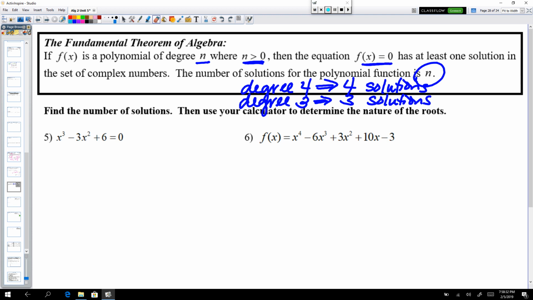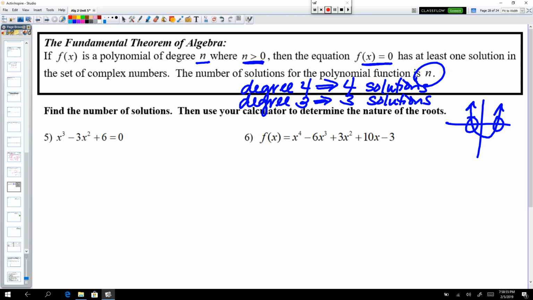So the examples we have here, we're asked to find the number of solutions and then use our calculator to find the nature of those solutions. So let's recall what we meant about nature, right? Let's pretend like we were talking about just parabolas. Remember when we had a parabola that cut through the axis twice? We had 2 solutions and they were both real, right?